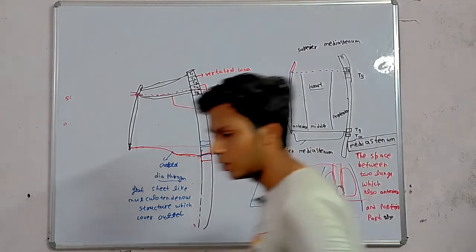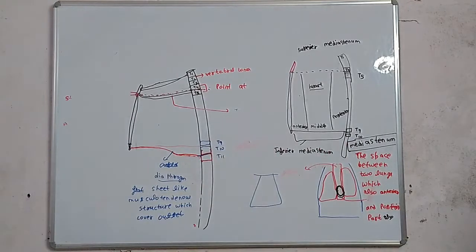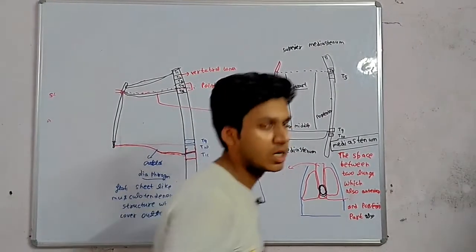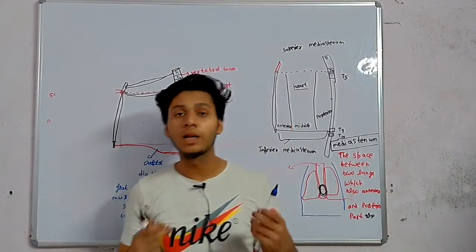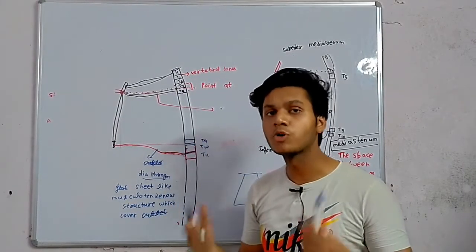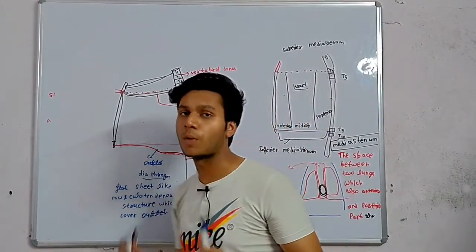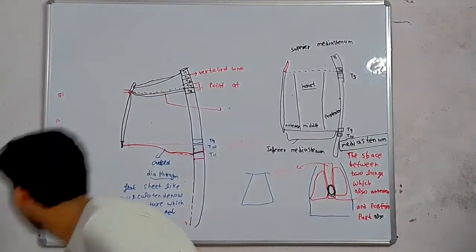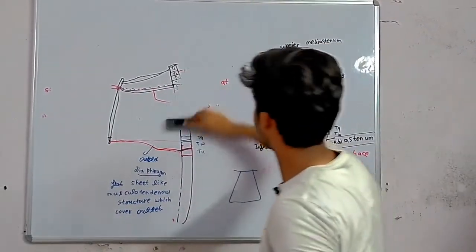So you can note this. So now first we are starting from the muscles of upper limb which cover some portion of thorax. We are starting with muscles of upper limb which cover the thorax. So these are the main muscles.